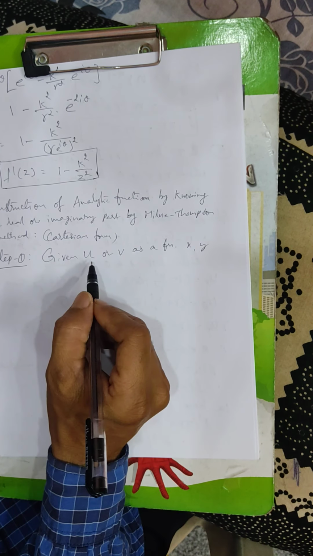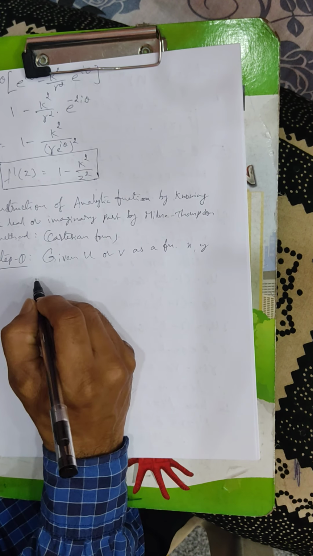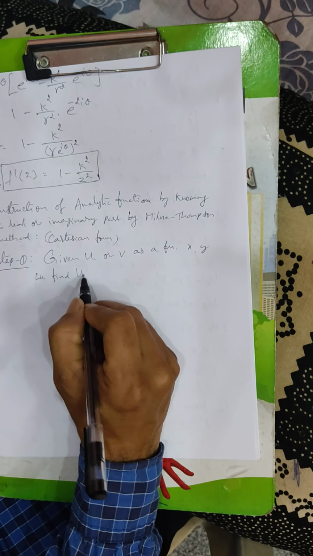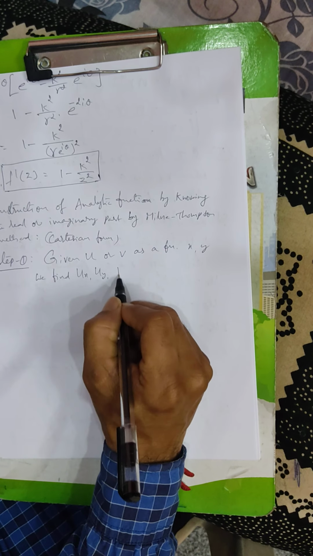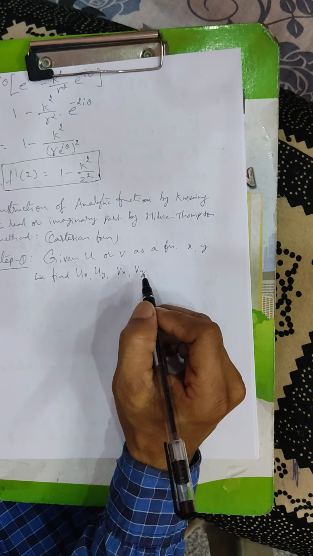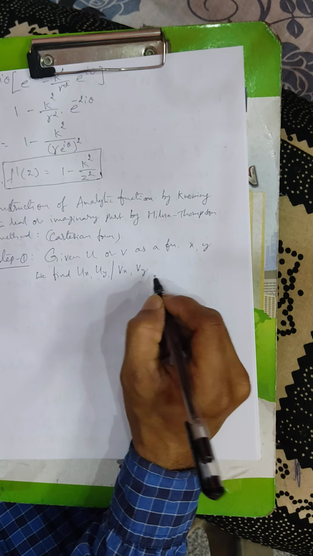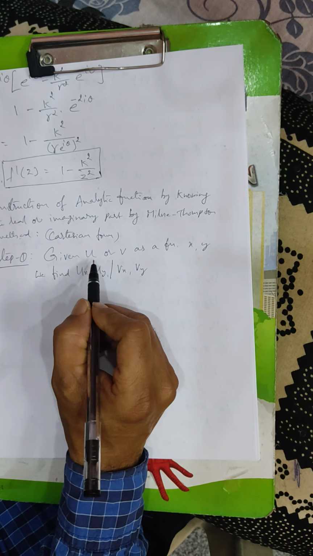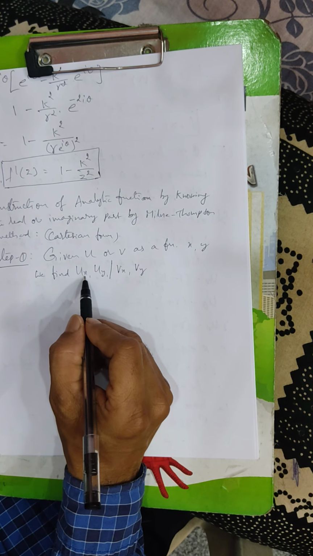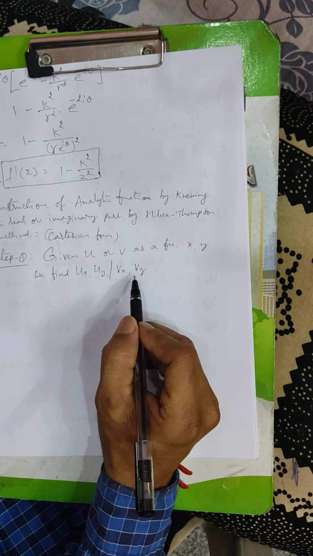When it is in Cartesian form, you will get u and v in terms of x and y. Then we find the partial derivatives ux, uy, vx and vy. Either you write ux, uy or vx, vy depending upon the given function. If the given function is real u, we get ux, uy. If it is imaginary v, we will get vx or vy.